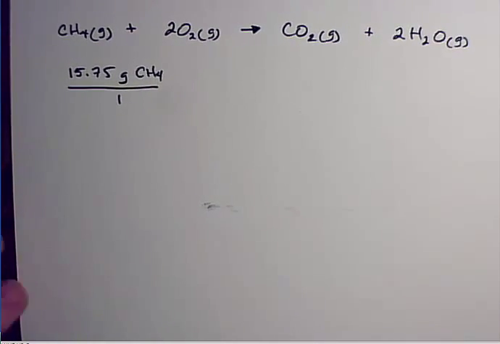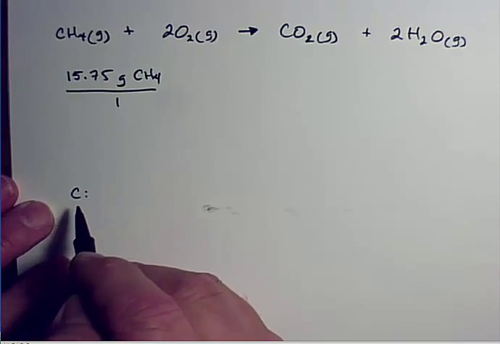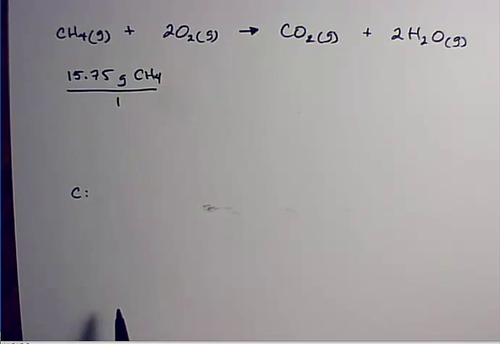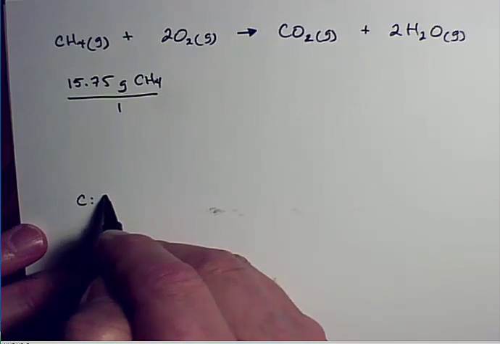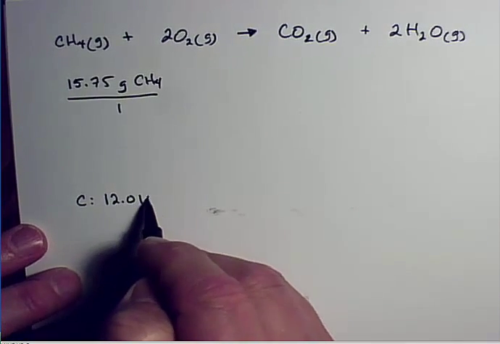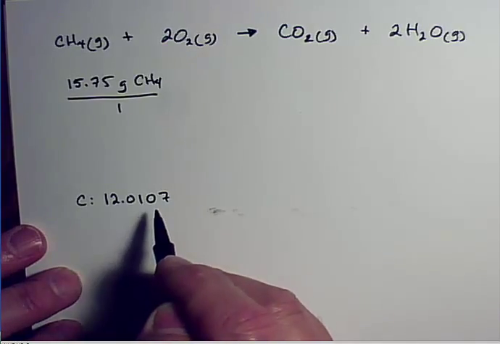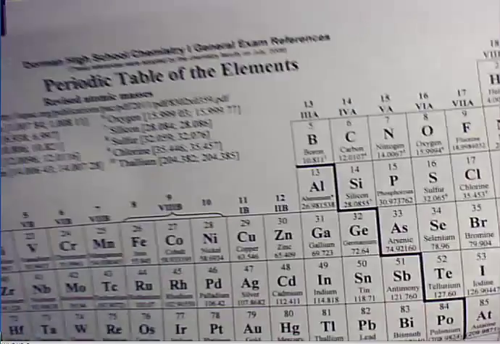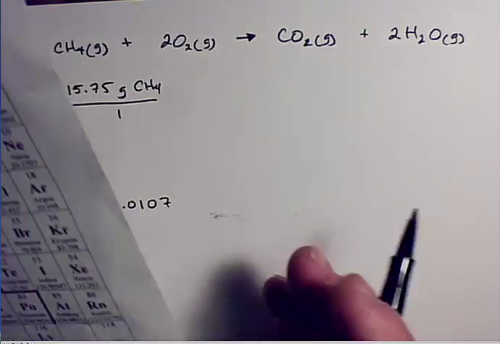All right, this should not be hard. I hope you've gotten it done already. Carbon has an atomic mass of 12.0107, yes? 12.0107. This number right here, from the periodic table. Average atomic mass.